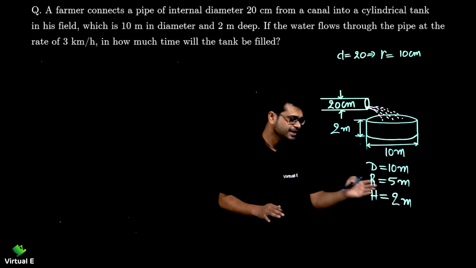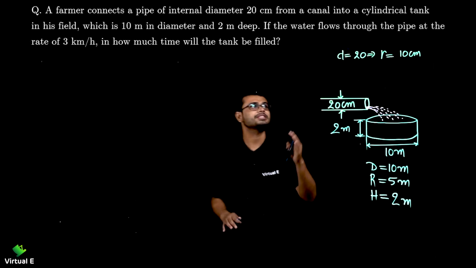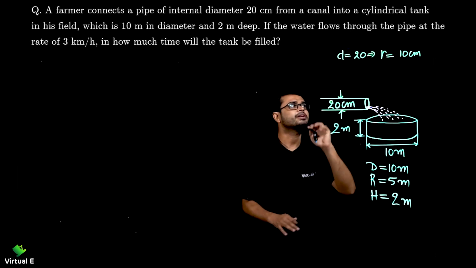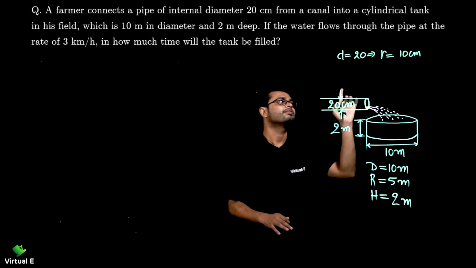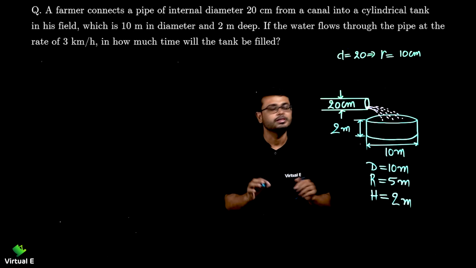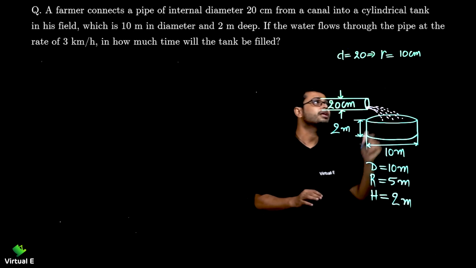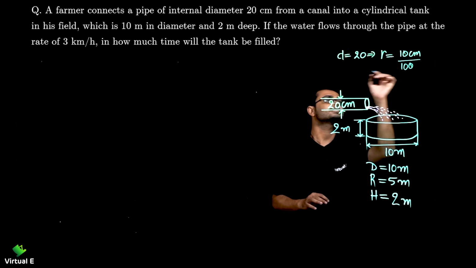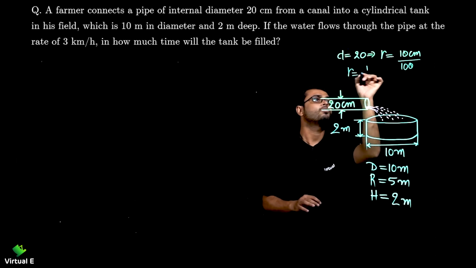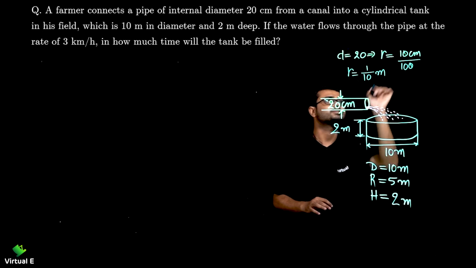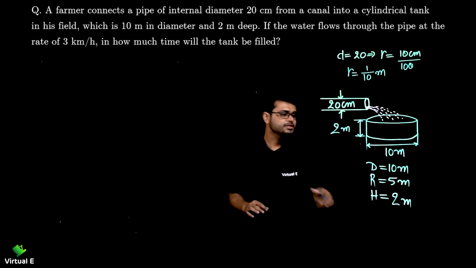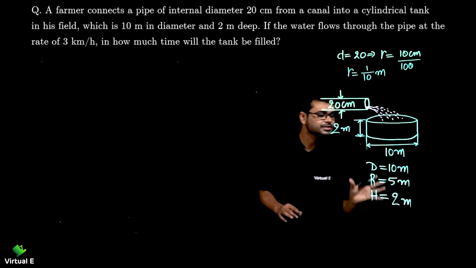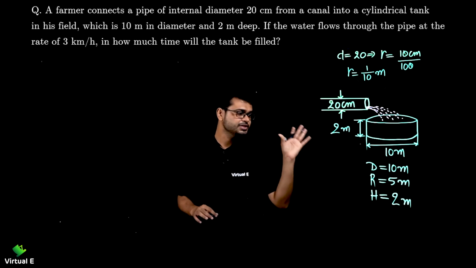Let's convert centimeter into meter. We know that 1 meter is equal to 100 centimeter, so to convert into meters, I'm going to divide by 100. 0, 0 cancel. So radius is 1 upon 10 meters. Done. This is in meters, and the dimensions of the cylindrical tank are already in meters.